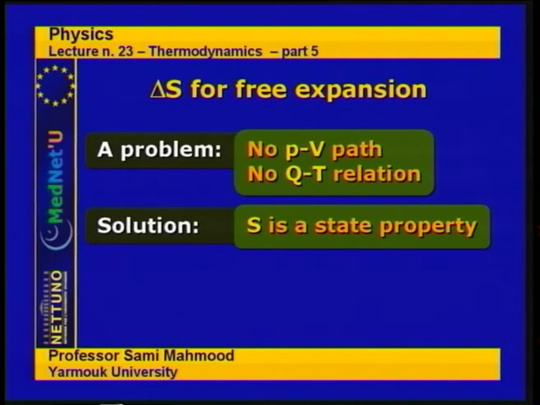to the final state via any other type of process, we will be able to evaluate delta S for a convenient process, and then that delta S as calculated for the new convenient process is the same as delta S for the freely expanding gas if we are careful about making sure that the initial state of our gas in our designed process is the same as the initial state in the freely expanding gas, and our final state is the same final state of the freely expanding gas.